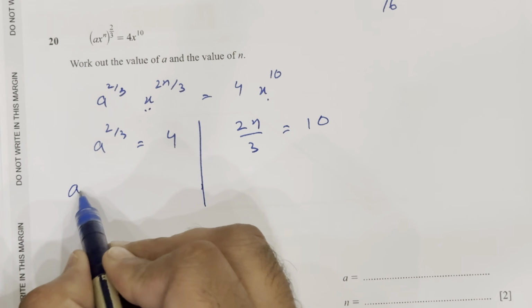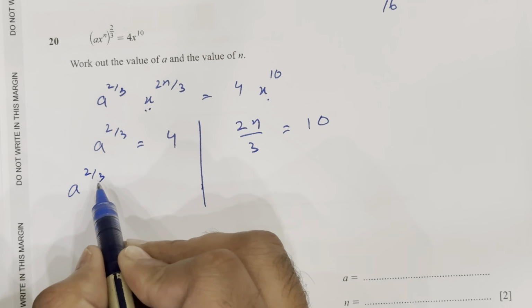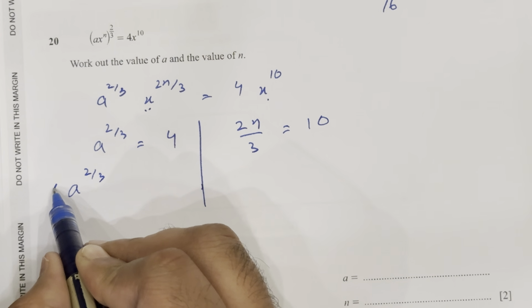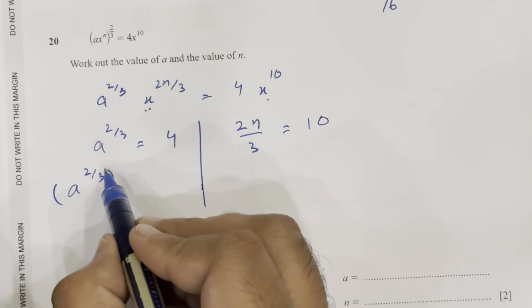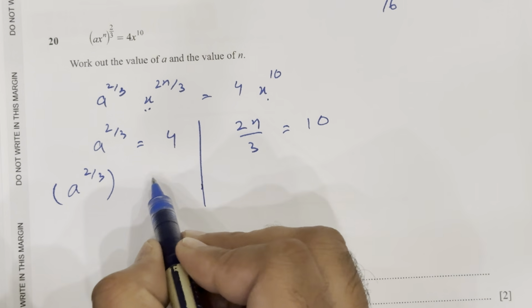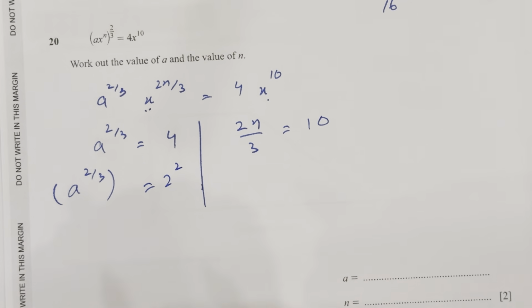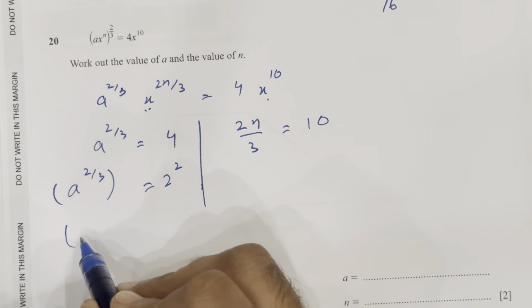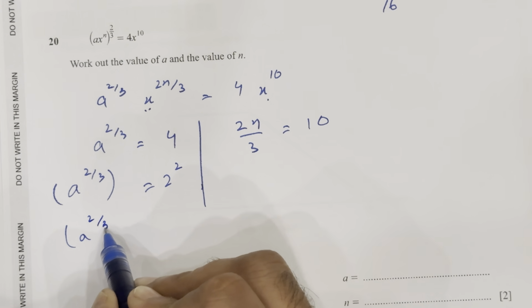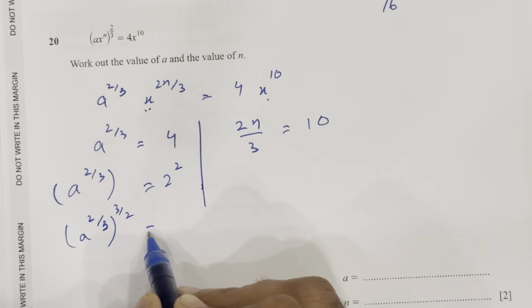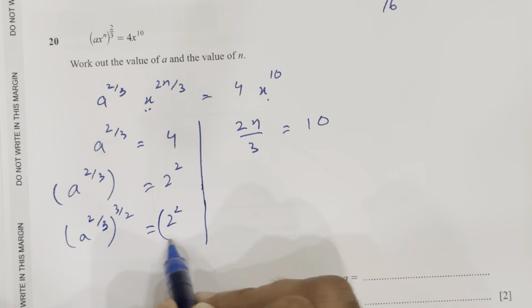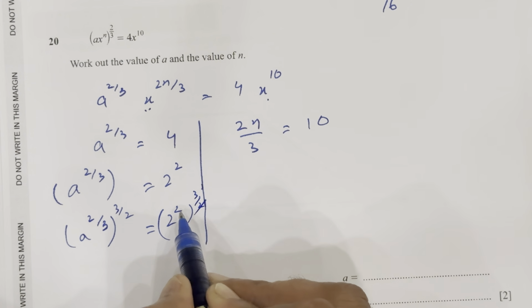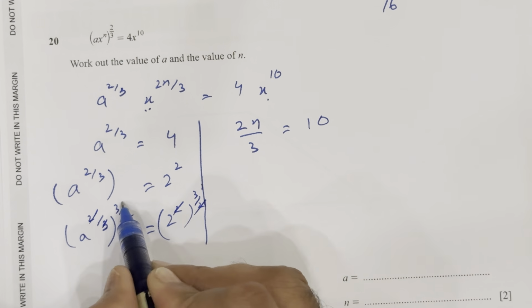Okay, now for cancelling it, you need to convert it first. It means 2 by 3 needs to be cancelled to identify a, so it should be multiplied by 3 by 2. Over here you should also multiply it by 3 by 2. You can cancel 2 by 2, 3 by 3.